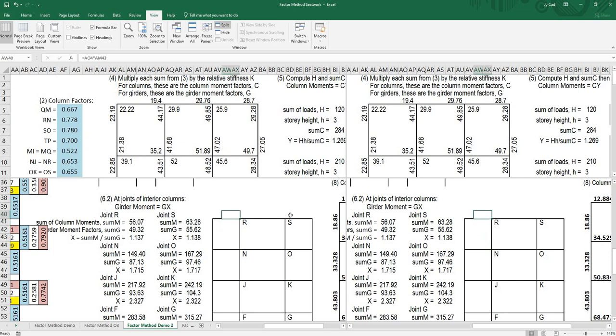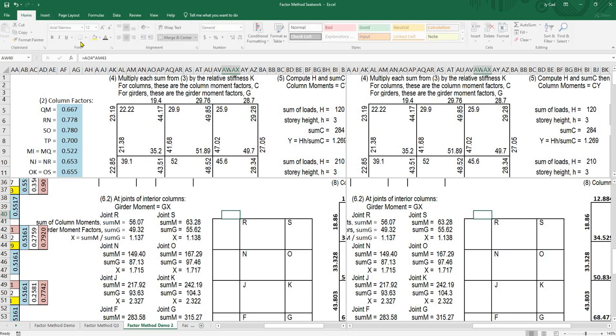And then here, okay, unhide ko na nga lang muna. Yan. So that is 19.4 times 1.137. And then dito naman, that is equal to 29.9 times 1.137.